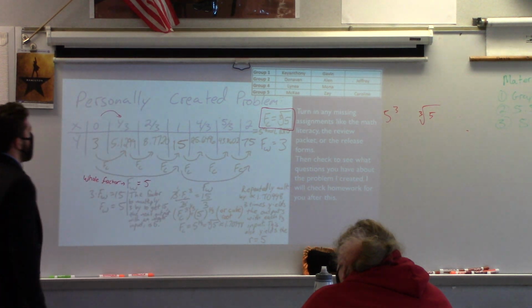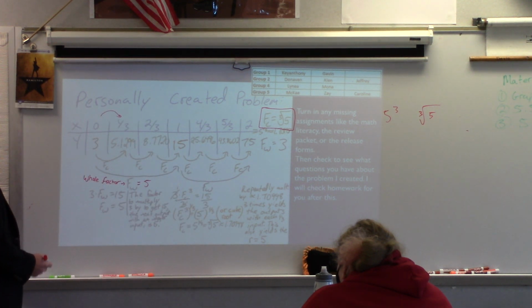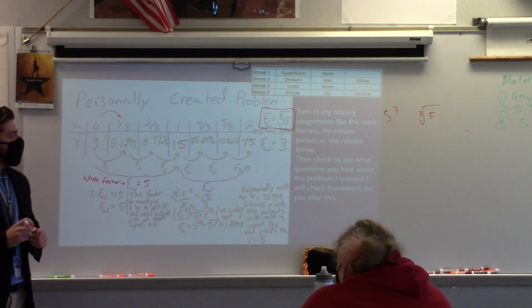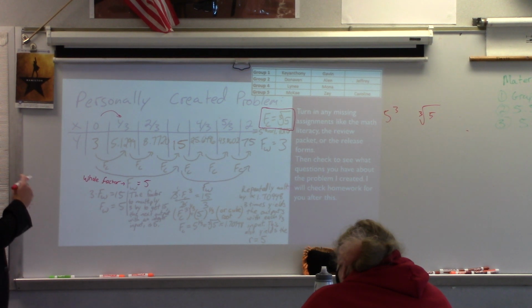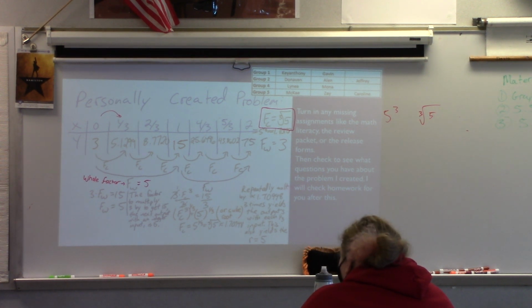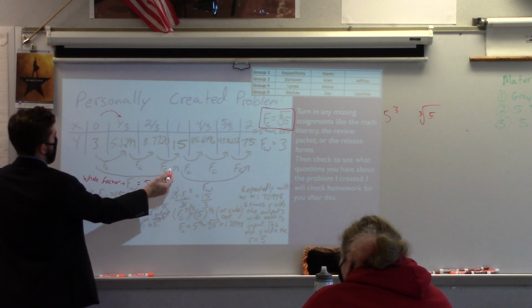So how did we get the cube root of 5? Where did that come from? The 5 into 3 parts. So right here, this whole factor is 5, right?